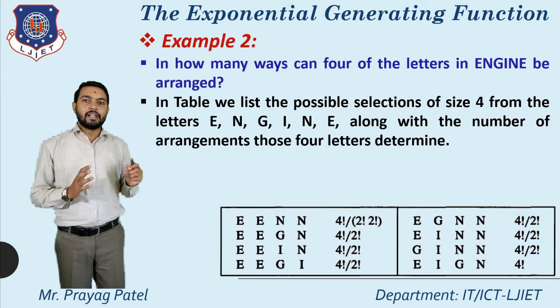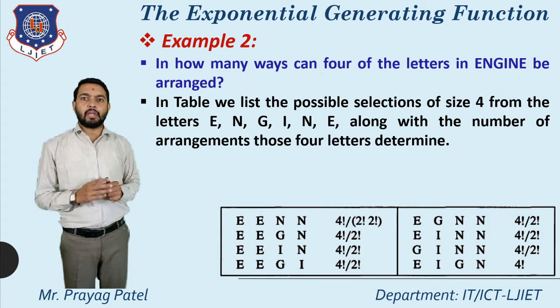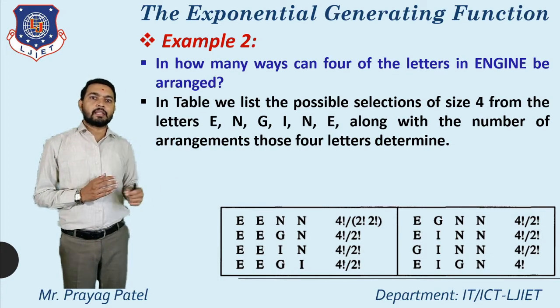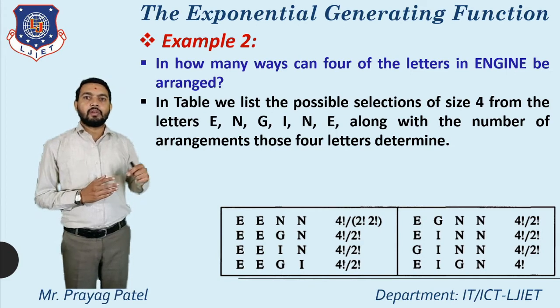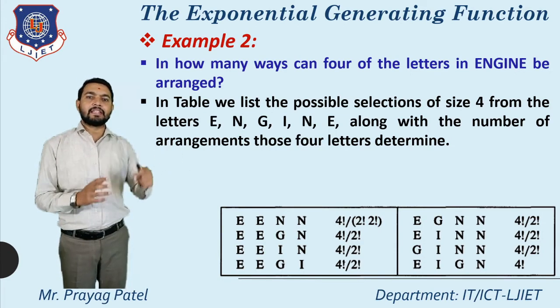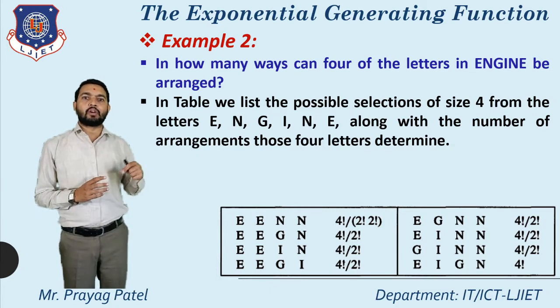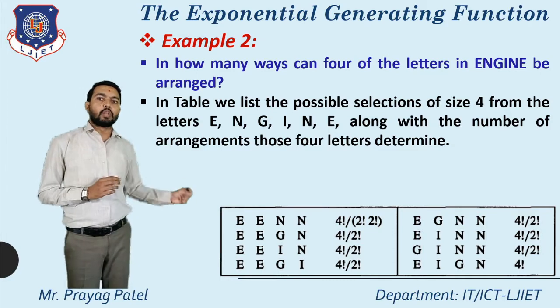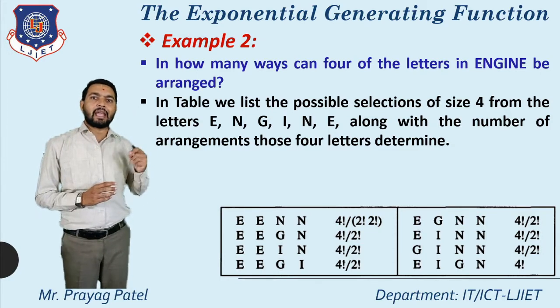Now in some cases, both E is repeated 2 times and N is repeated 2 times. In some cases, E is repeated 2 times, and G and N are single. In some cases, N is repeated 2 times, and G and I, the remaining, are single. So when both E and N are repeated, that is the first case.